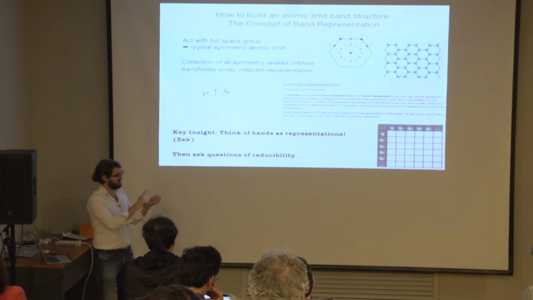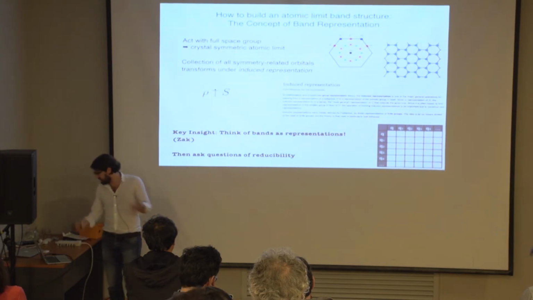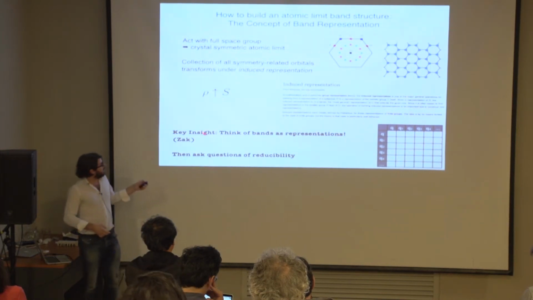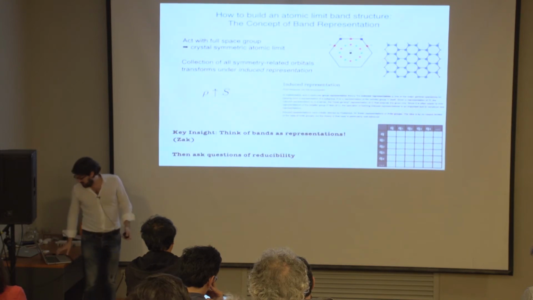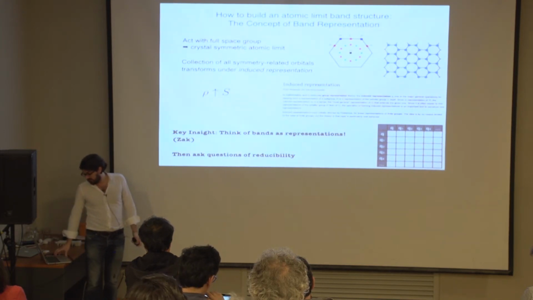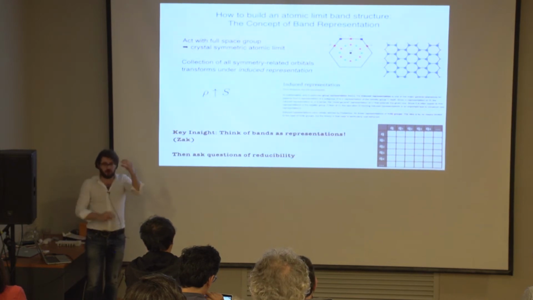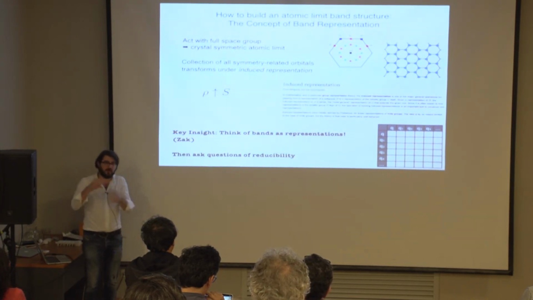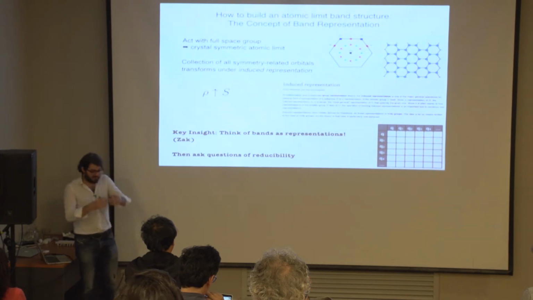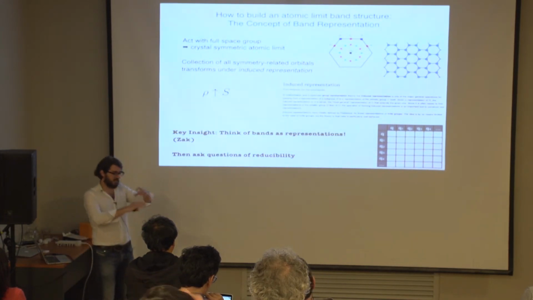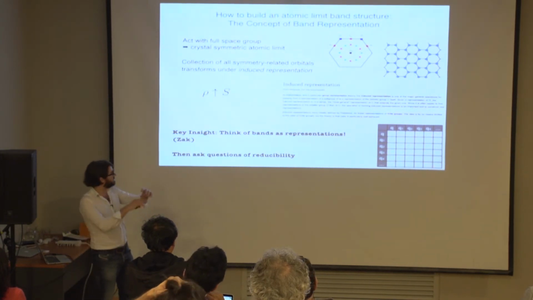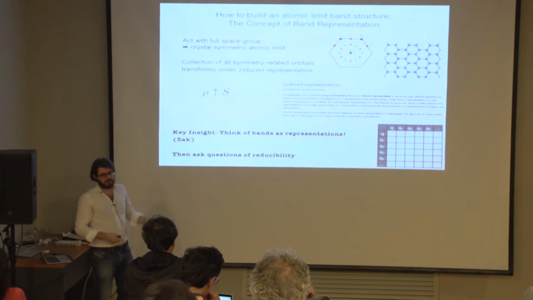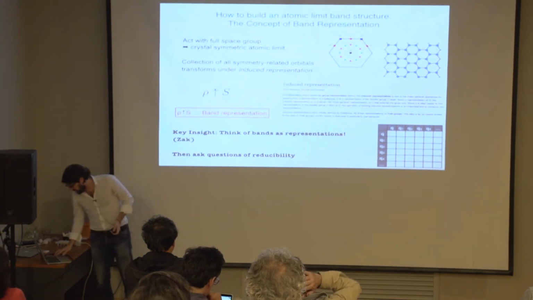Representations can be described as reducible or irreducible, etc. So Zach said, I'm just going to think about bands as representations and ask questions of reducibility, which really means whether bands can be separated from one another or not in energy space. It says that an irreducible band representation, which we'll call elementary very soon, cannot be separated into smaller ones. Okay.